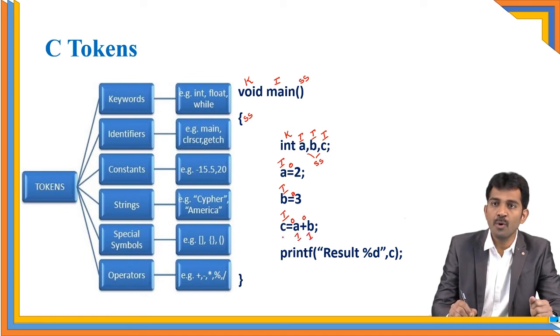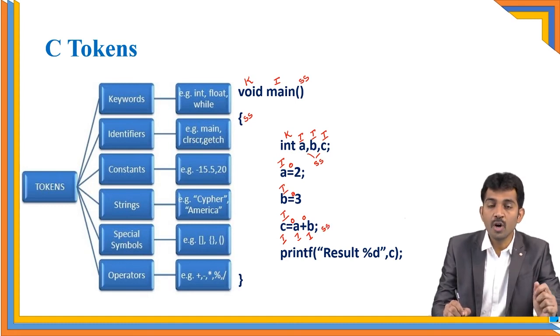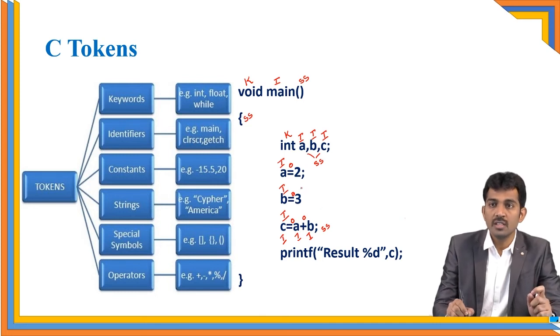See, every part of your program is a token. This semicolon also comes under the special symbol. The 2 is a constant. 3 is a constant. Printf, again, printf is an identifier. Right? And this is the bracket, which comes under the special symbol.